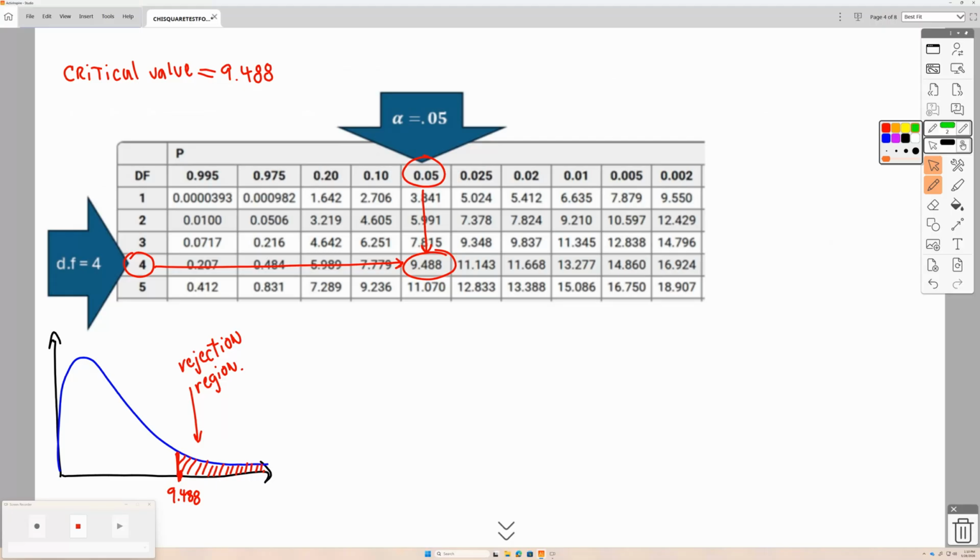On the left side of 9.488, we have the fail to reject area. And on the right side, we have the rejection area or rejection region. A chi-square value of 16.50 is on the right side of the critical value, so it falls in the rejection region. So then we can reject the null hypothesis.